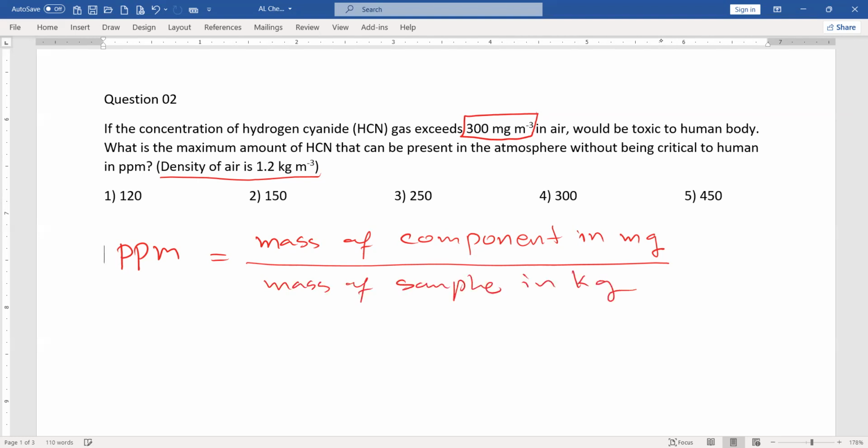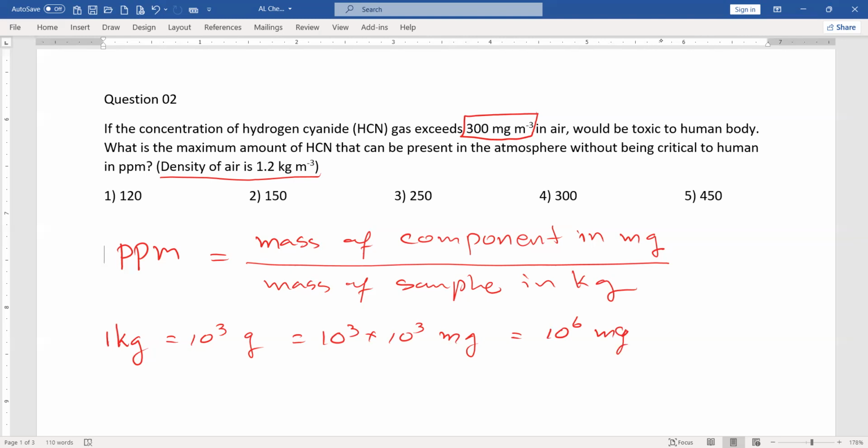Why is it 1 kilogram here? See, the mass of 1 kilogram means 1000 grams, or 1000 times 1000 milligrams. That is 10 to the power 6 milligrams, 1 million milligrams.